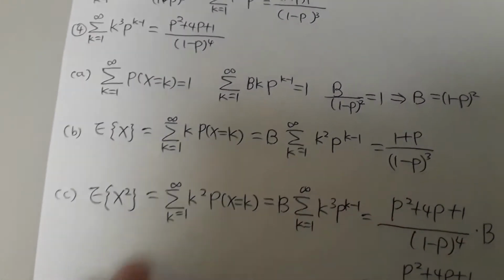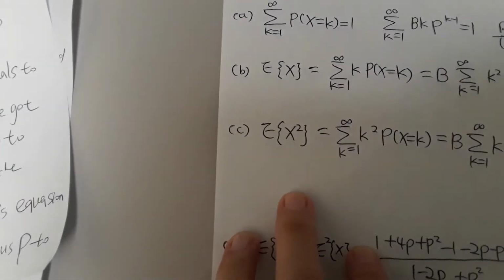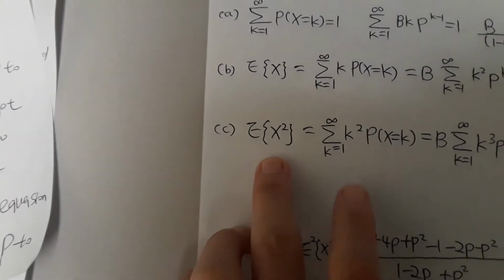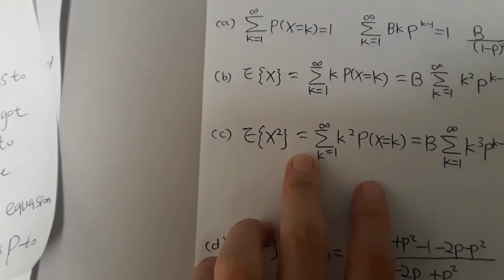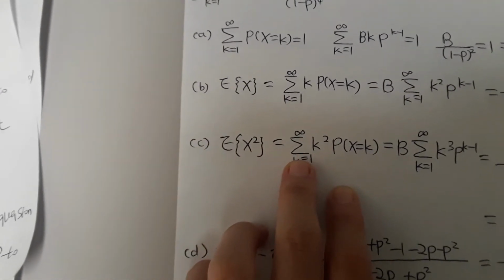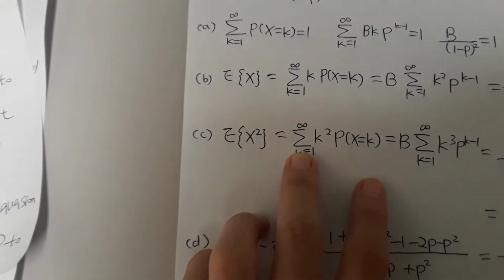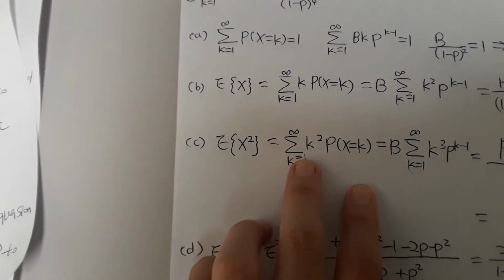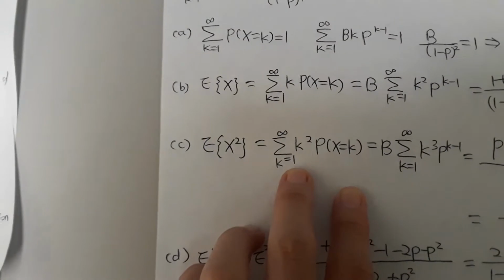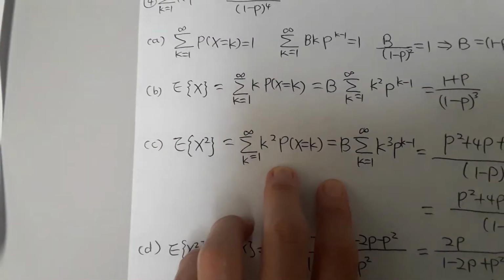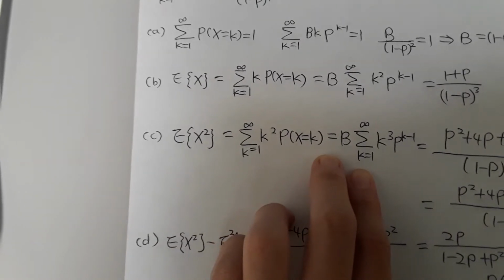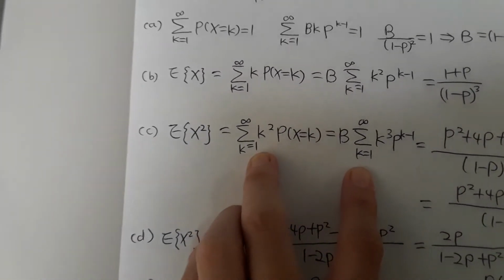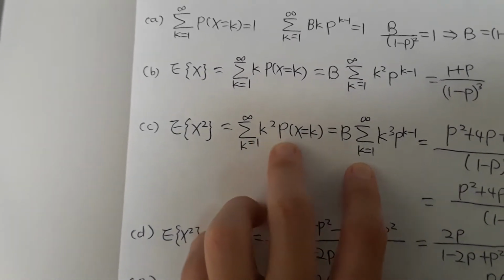For question C, I need to find the value of the expectation of x squared. Based on the definition of the expectation of x squared, it should be the sum of k squared times the probability of x equals k from k equals 1 to infinity.